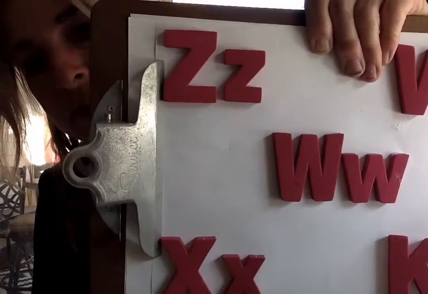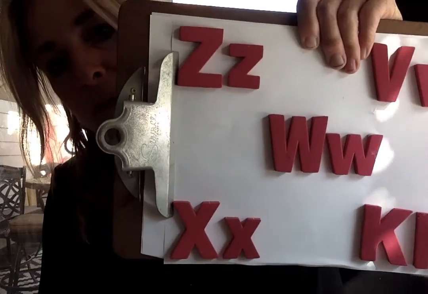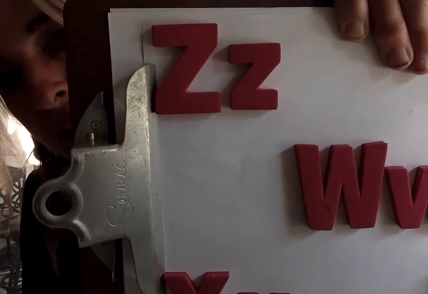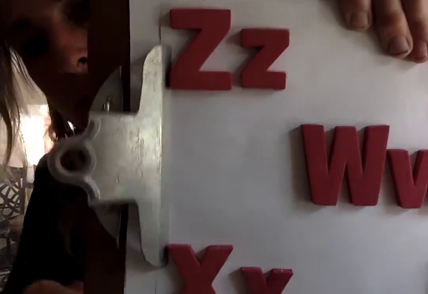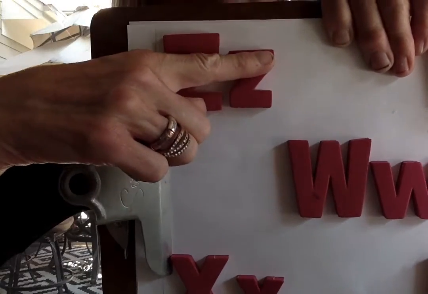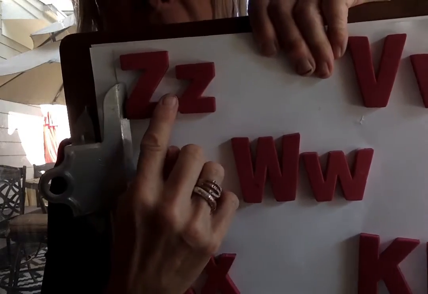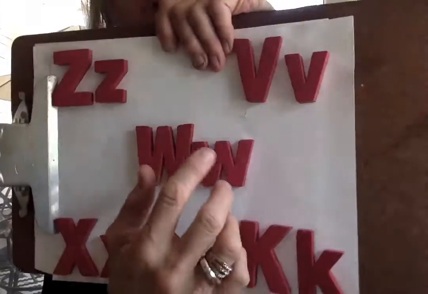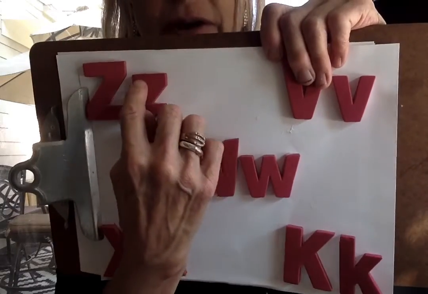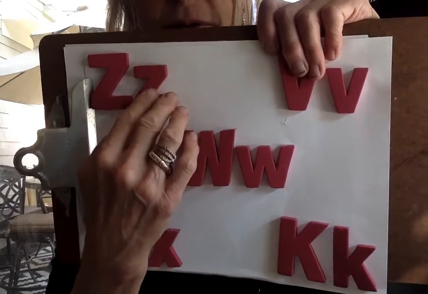That's the letter Z. When I put my hand here and compare the two, this one's going up, higher, uppercase. This is the uppercase Z, capital. Very good. This is the lowercase, smaller.